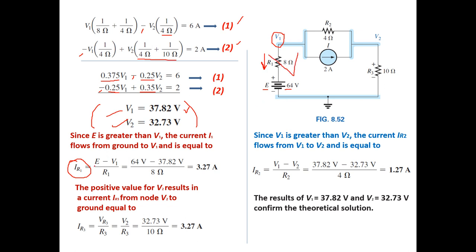So I can take it as E minus V1, and the value will be 3.7 ampere. If you take V1 minus E, you will get the same answer but with a negative sign. And we always prefer our answer to be positive, because the positive is the actual value. Again, the same thing here and here.